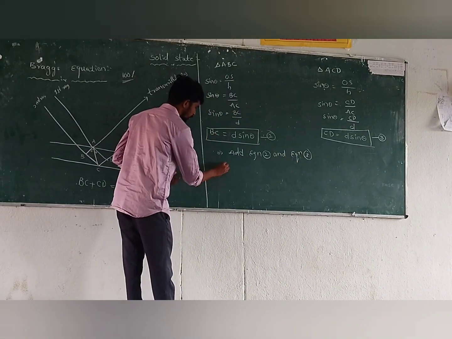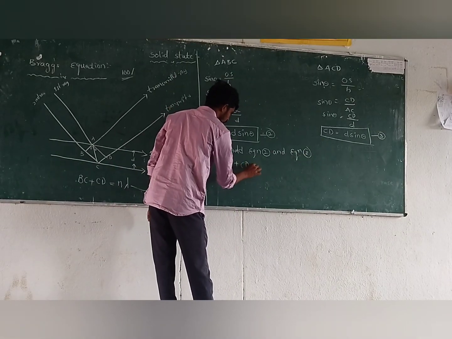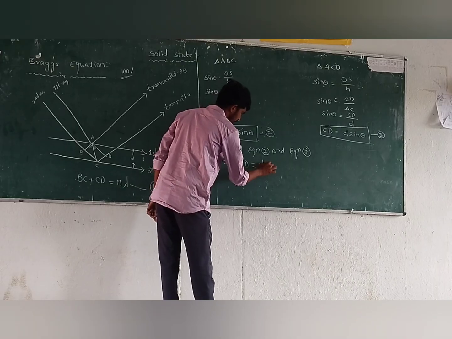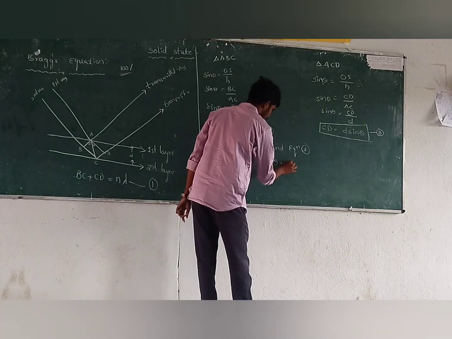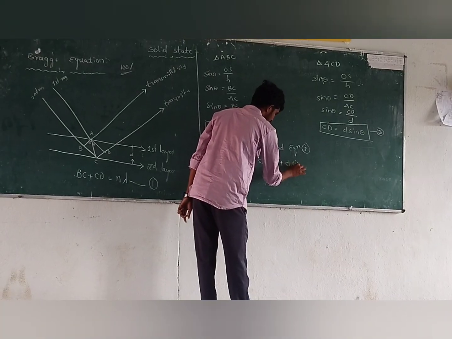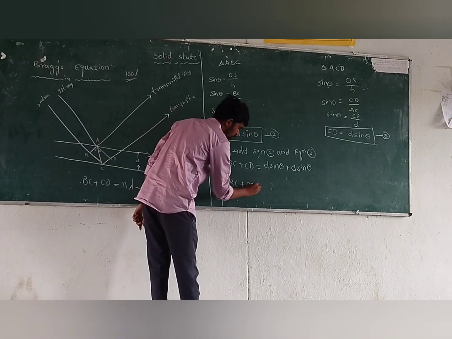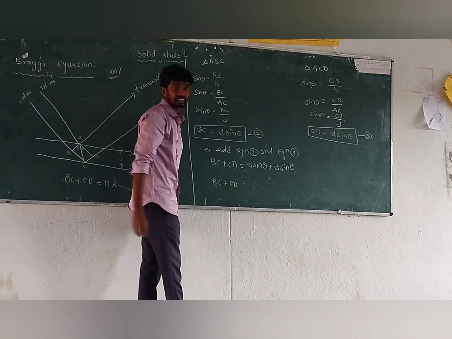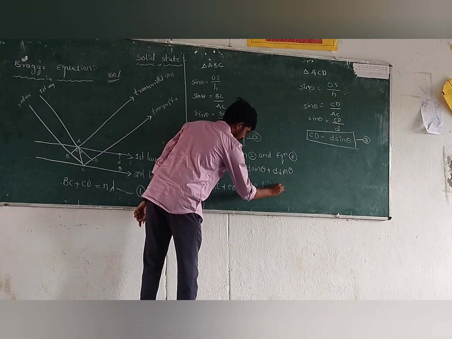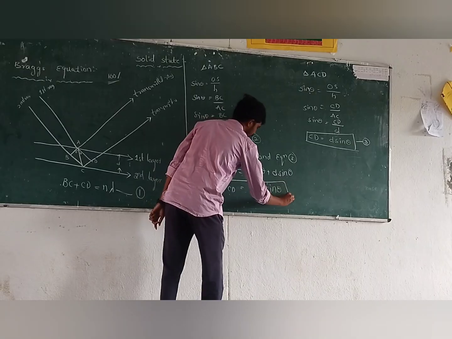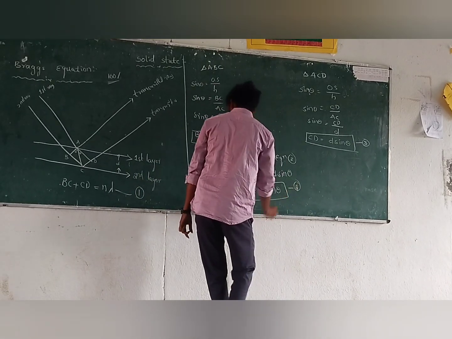BC plus CD is equal to the BC value, d sin theta, plus the CD value, d sin theta. So BC plus CD is equal to d sin theta plus d sin theta, which is 2d sin theta. This is equation 4.